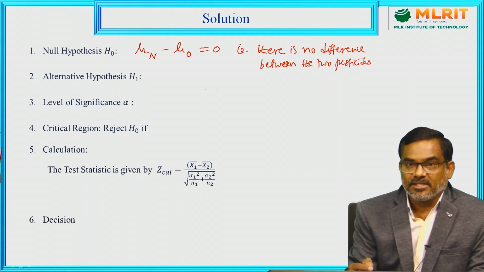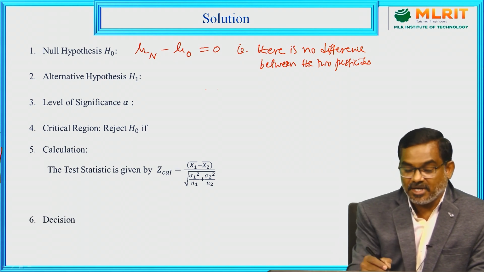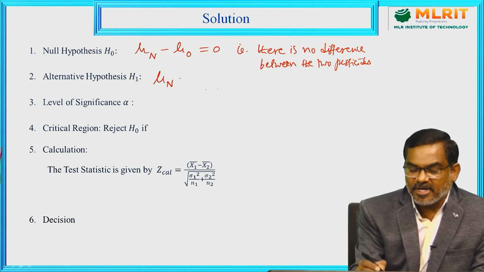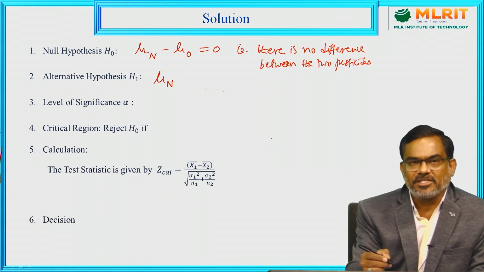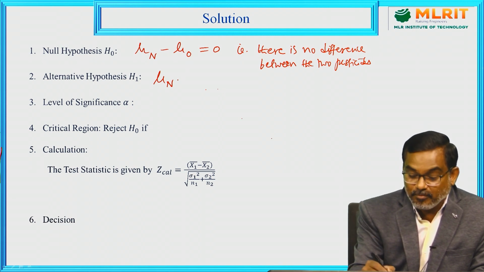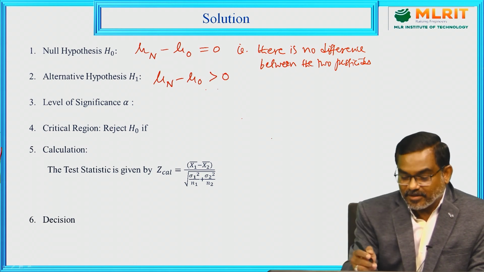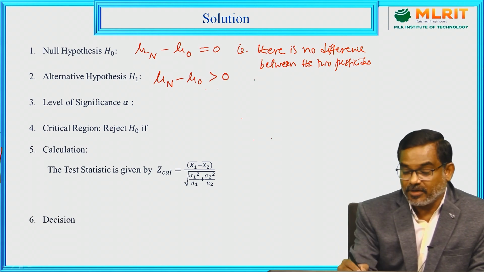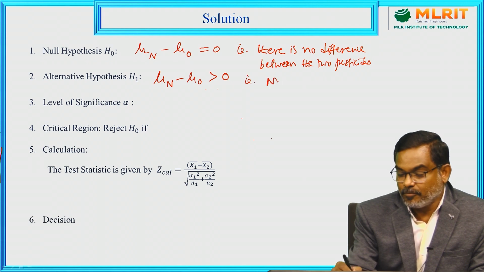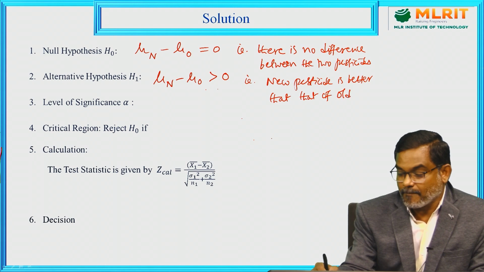We test this against the alternative hypothesis that is clearly mentioned. We need to check whether the new pesticide is better than that of old. So, mu N minus mu O is greater than 0. That implies mu N is greater than mu O. So, that is the new pesticide is better than that of old.